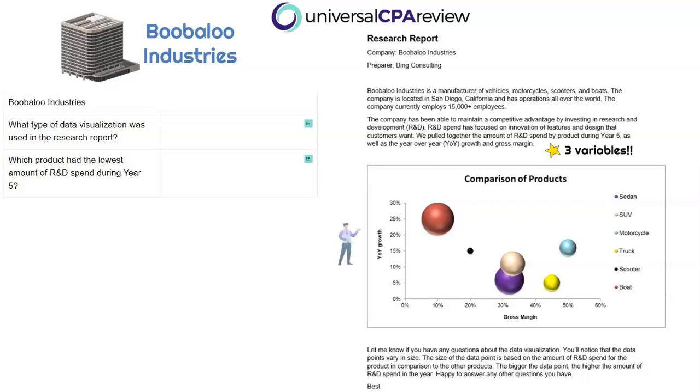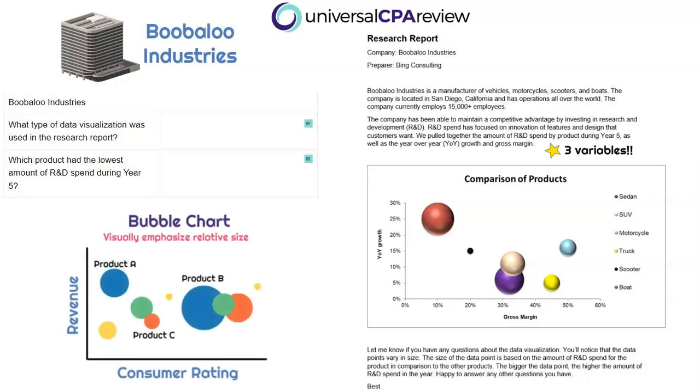Well, we can see on the y-axis it has year-over-year growth, gross margin, that's on the x-axis. But where is the R&D spend by product? Well, that is actually represented in the size of the bubble. And I gave it away, right? A bubble chart is when the data point, its size is relative to other products in this, right?